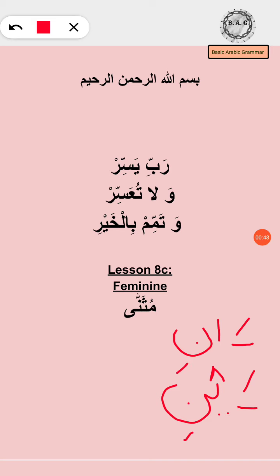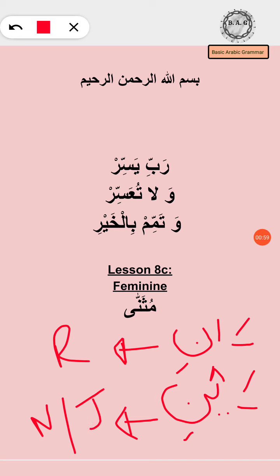We also learned that this was for rafa and this suffix was for nasab or jar, and we know that it is the context as well as some other signs that we're going to learn in the subsequent chapters that are going to help us distinguish whether it's the nasab form or the jar form. It's fairly easy, so don't worry about it.